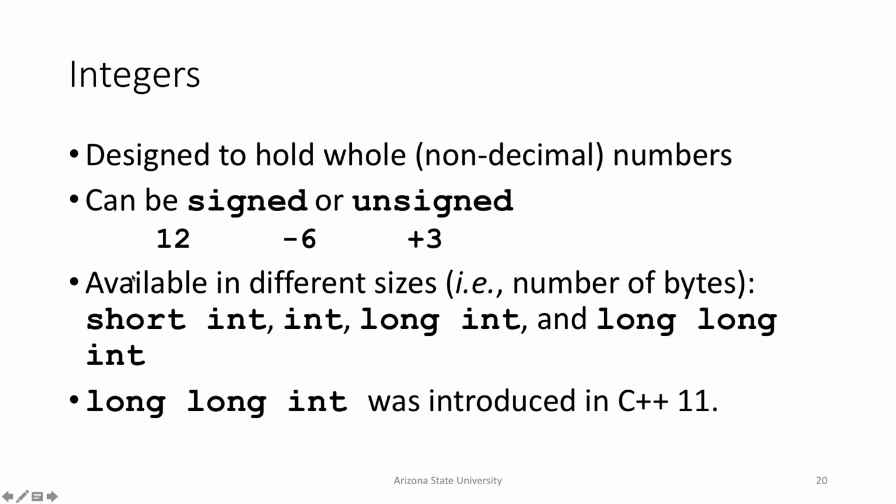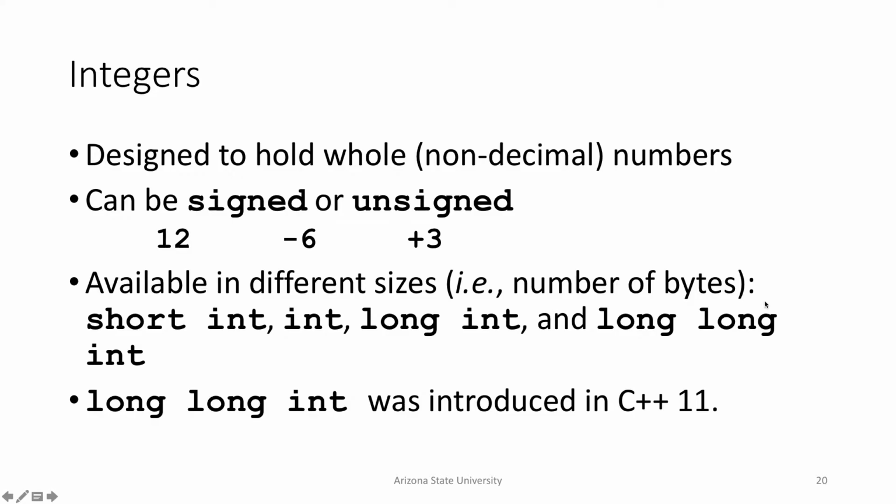And so about the sizes here, I said that int can be 4 or 8 bytes depending on the computer that you're using. So either 32 or 64 bits, it depends on what you're using. I said that short int was half of the size of int, which is true. Long int, which is twice the size of int, which is also true. And I incorrectly said last time that long long int is twice what long int was.